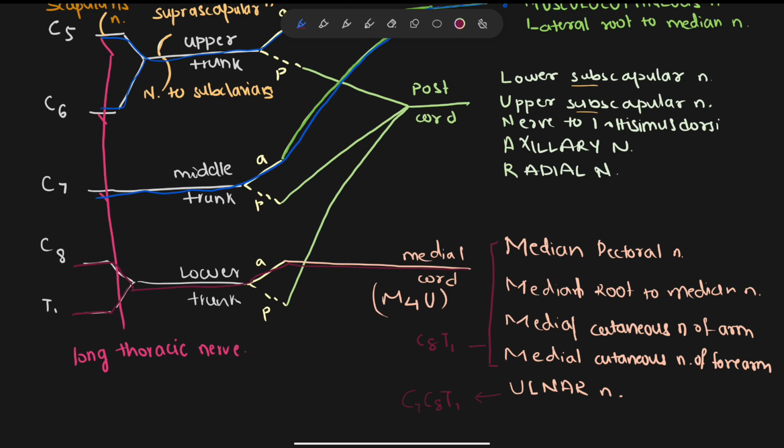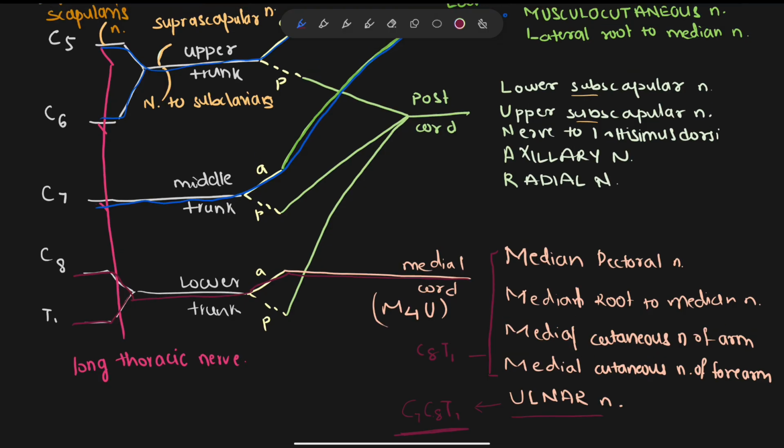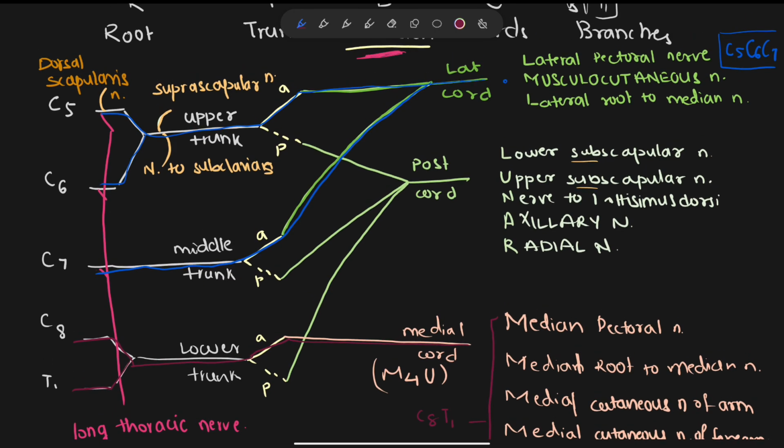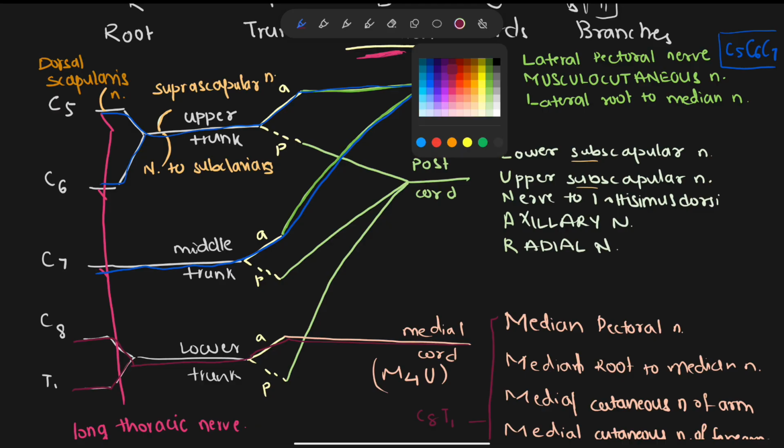And then come the posterior cord muscles. It's easy to learn here. C7 is extra, other than C8 and T1, for the ulnar nerve. Okay, this is the exception case. So now the posterior cord. In the posterior cord, here I am taking another color. Okay.